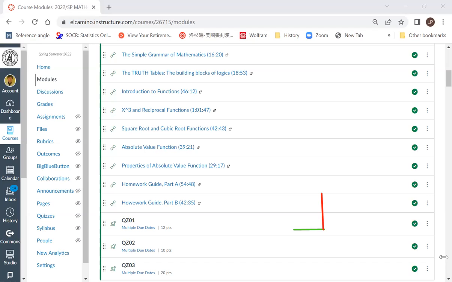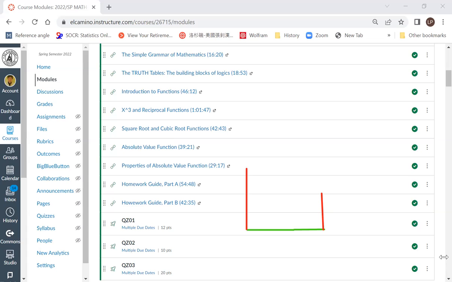And the absolute value of a negative number, say -3, is going to be the opposite of it.